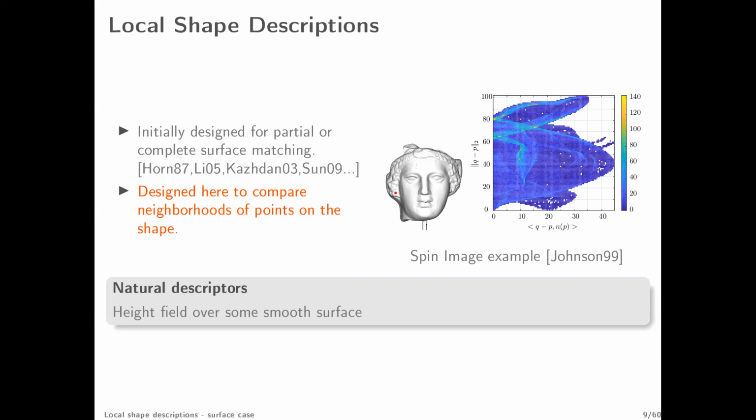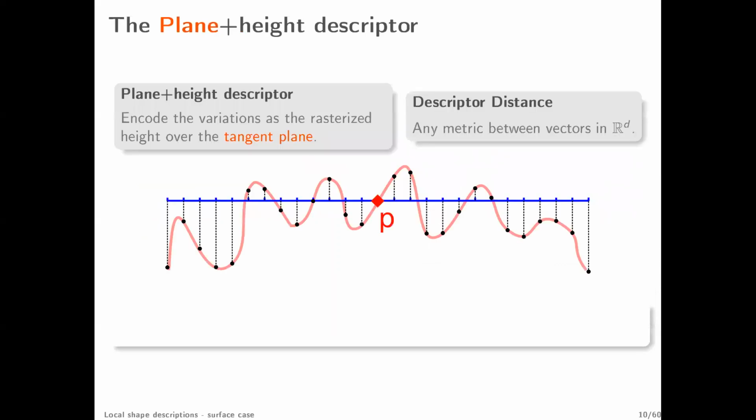Because if you were the point living on the surface, it encodes how you would see the local landscape around you, in terms of whether it would be a valley, a hill, or things like that. So if you have a way to encode how the surface deviates from some smooth surface, then it can be a good candidate for a description.